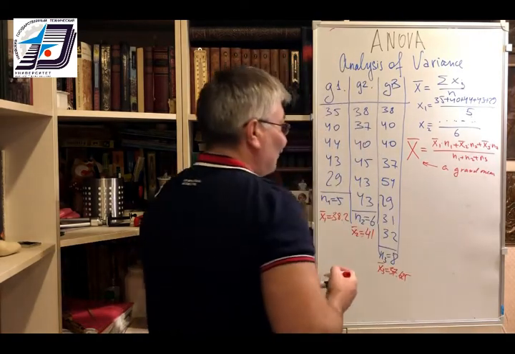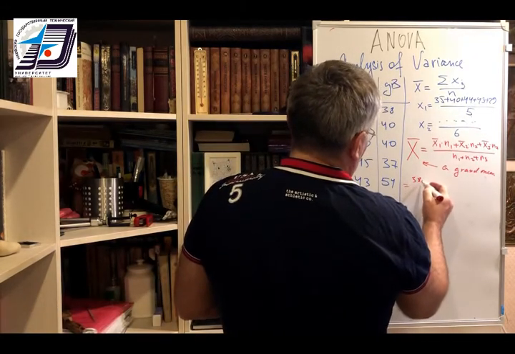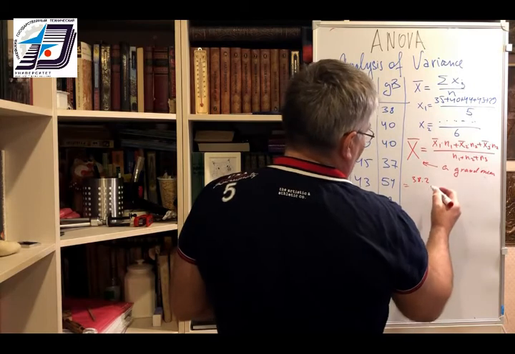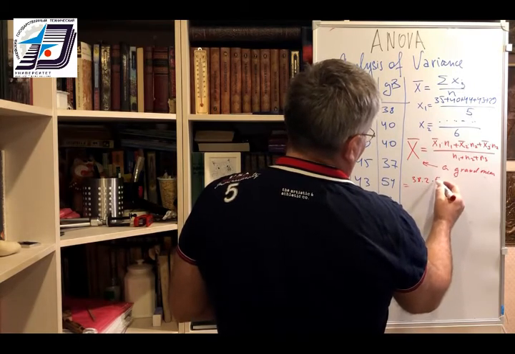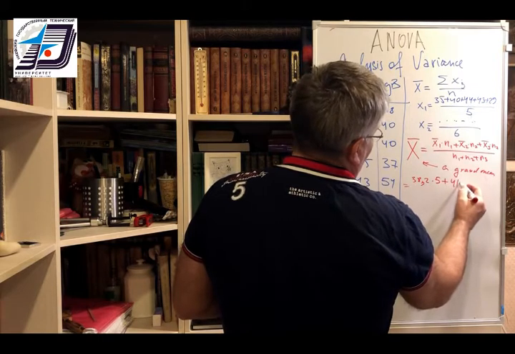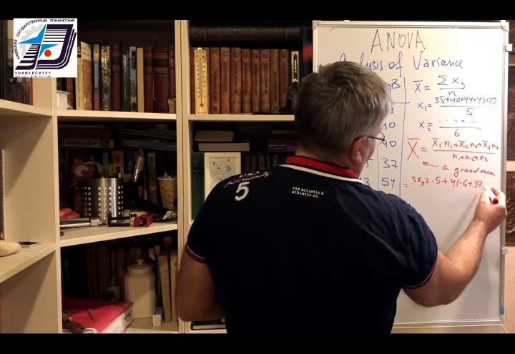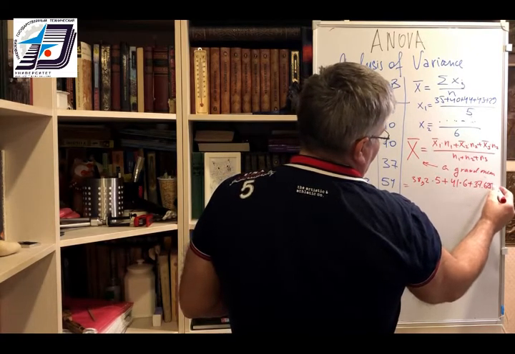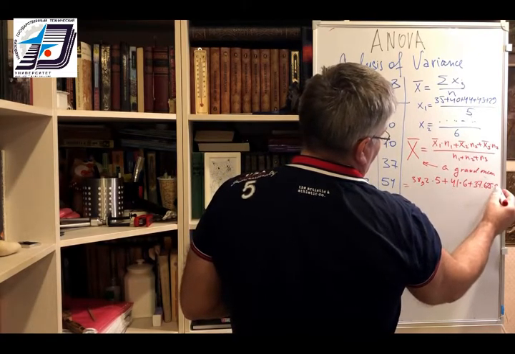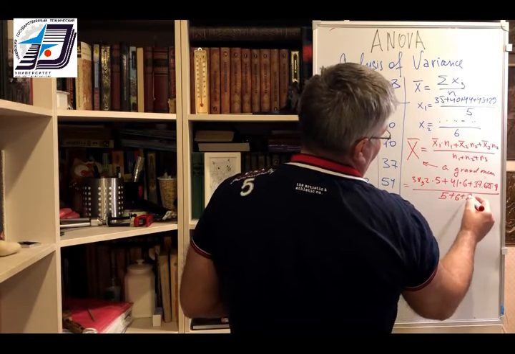It gives 38.2 times 5 plus 41 times 6 plus 37.625 times 8, divided by 5 plus 6 plus 8.